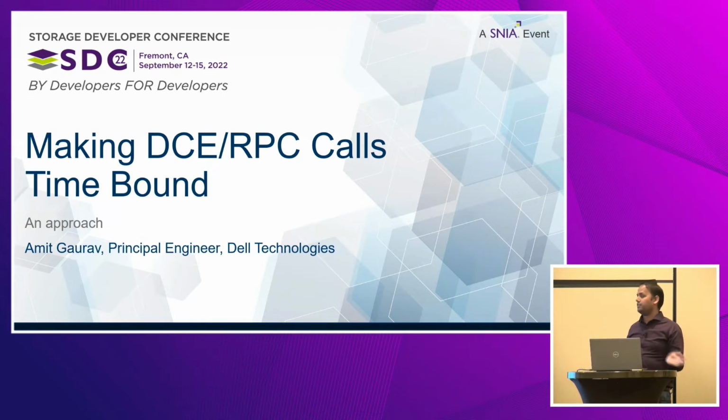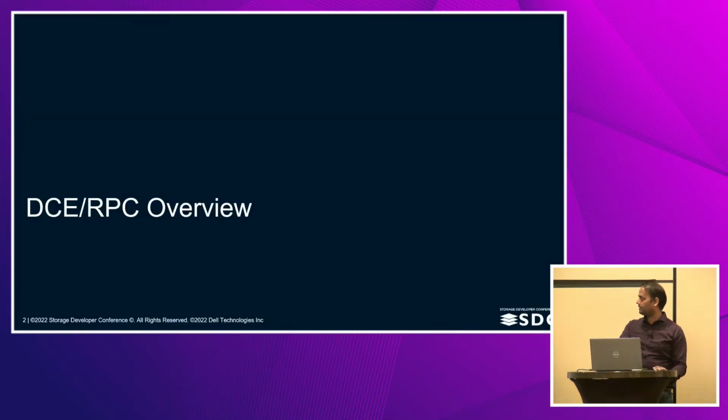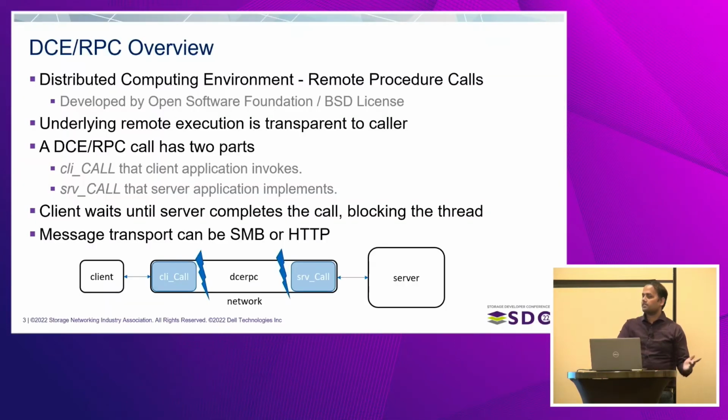Before we dive further, let us first understand what exactly DCRPC is for the uninitiated. DCRPC stands for Distributed Computing Environment Remote Procedure Calls. It's an implementation of remote procedure call technology developed by the Open Software Foundation, which I think is also called the Open Group, under the BSD license.